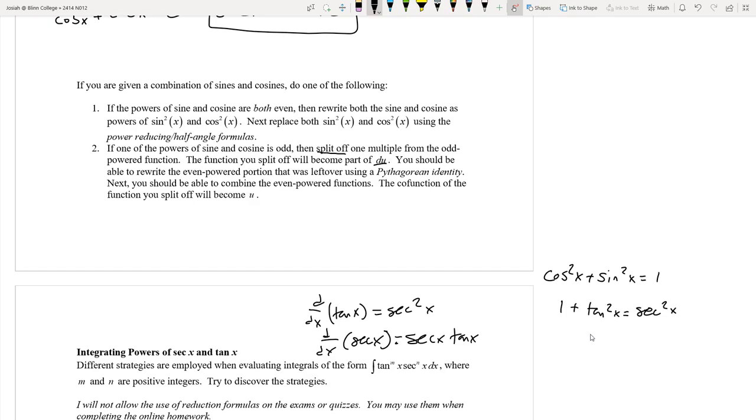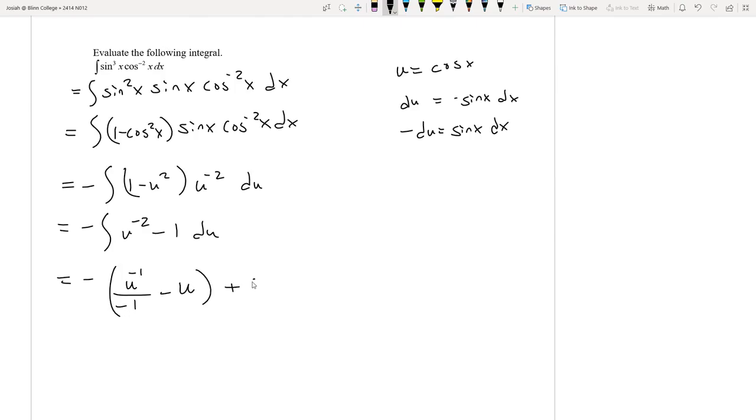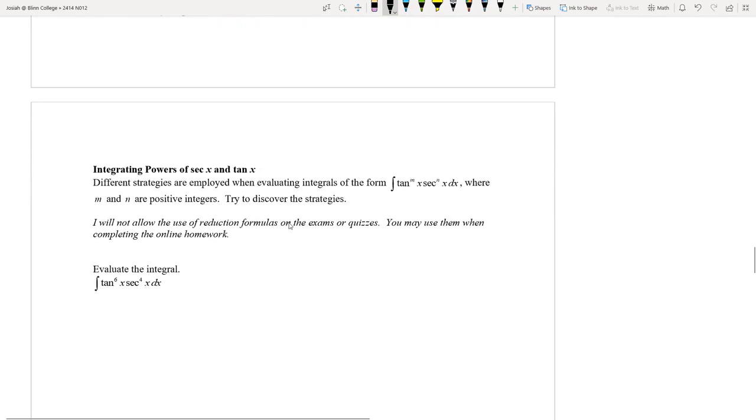And if we move the 1 over, we get tangent squared of x equals secant squared of x minus 1. So we will need to use both of these and the fact that our derivatives line up this way. And as it says here, we're going to try to discover the strategies. We're going to try to figure out, can we use the strategies that we had here and modify them a little bit using these facts.